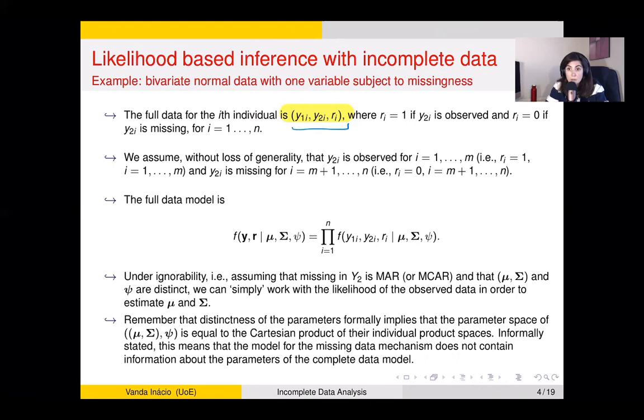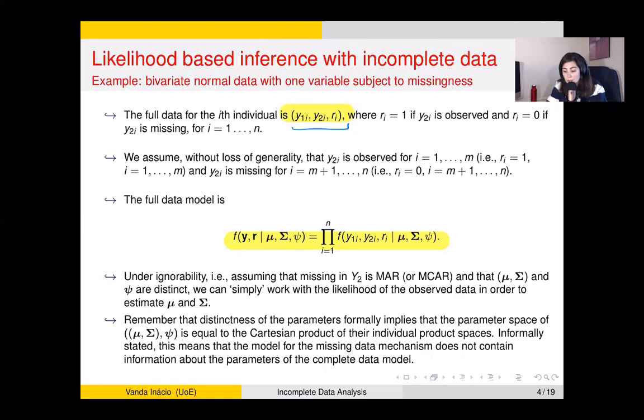Our full data model of interest is the model for y1, y2, and R, given the mean vector and the variance covariance matrix. These are the parameters from our data model, the bivariate normal distribution. And then I have psi, the parameters for the missing data model. But now, to proceed, I will assume ignorability.